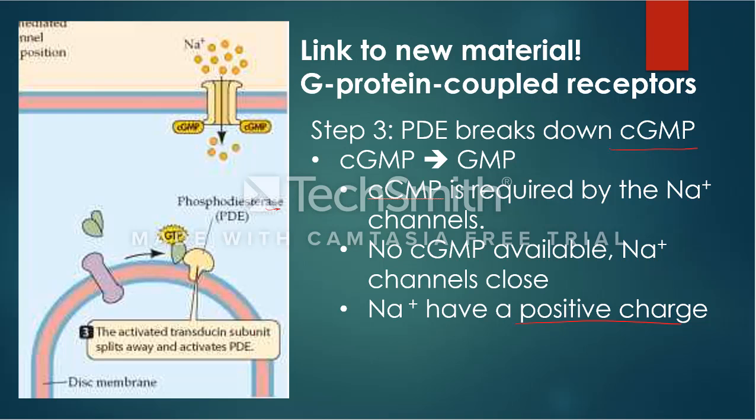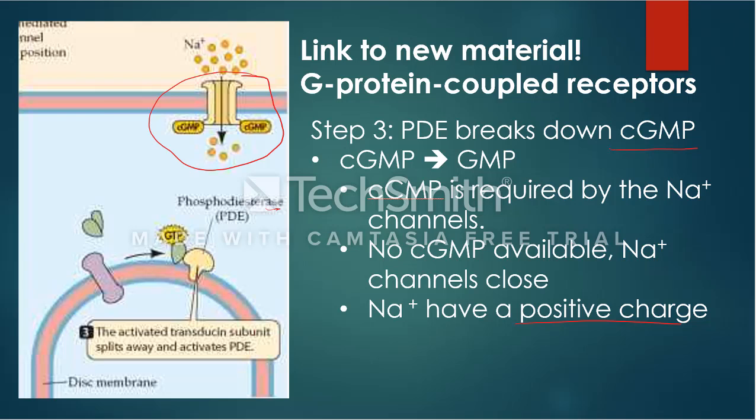Remember that sodium ion channel that was in the plasma membrane we talked about earlier? The ligand that it requires is cyclic GMP. If you remove cyclic GMP, then the sodium ion channel will close.